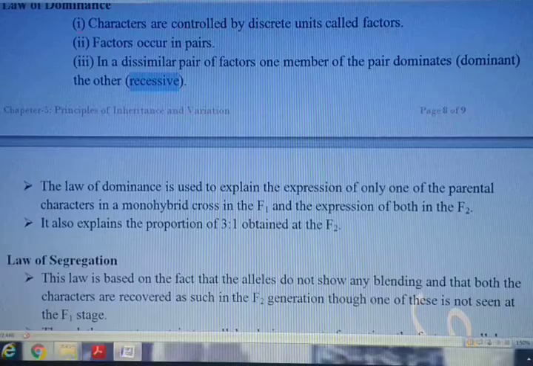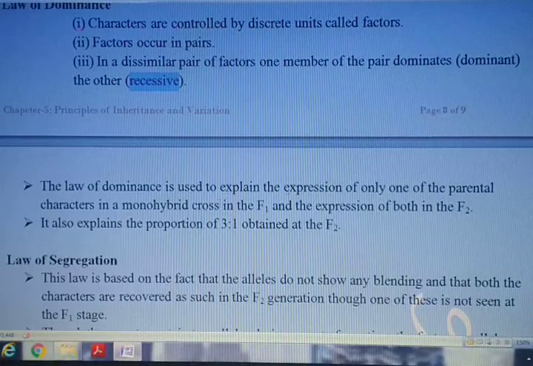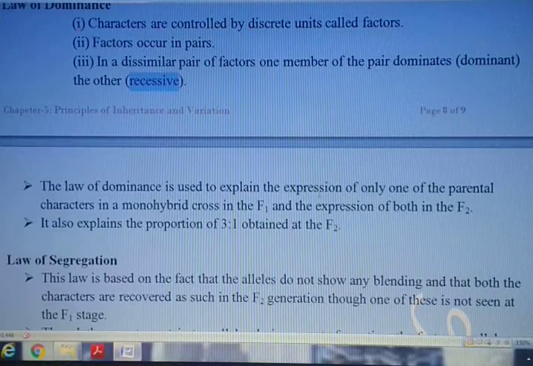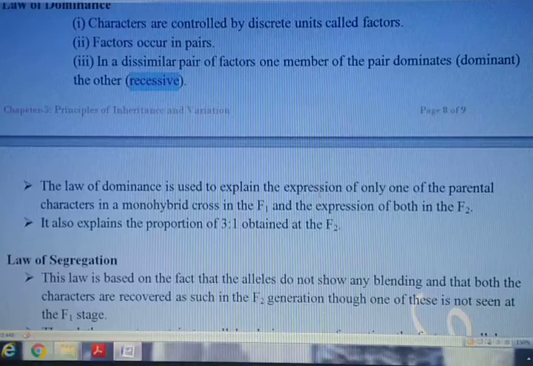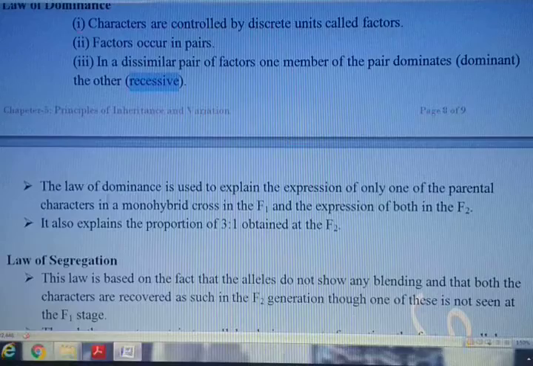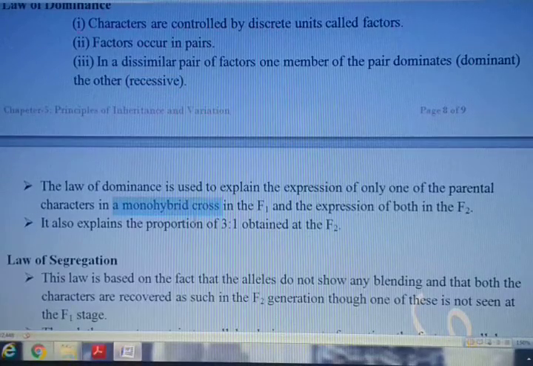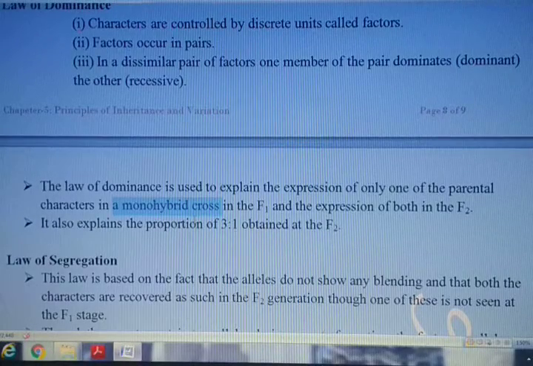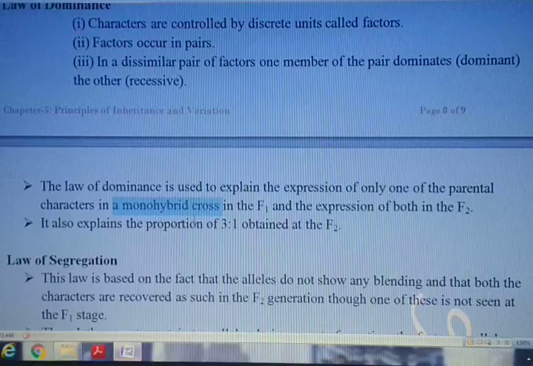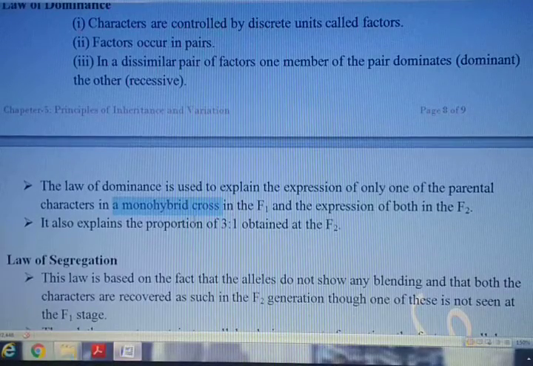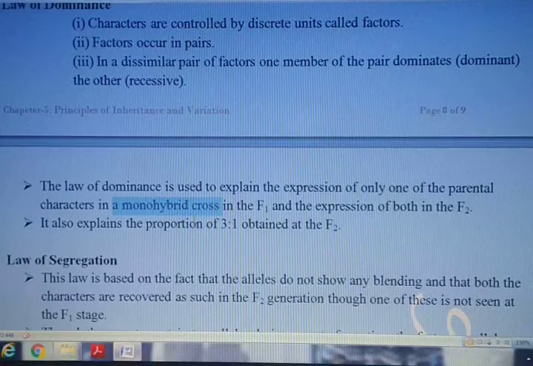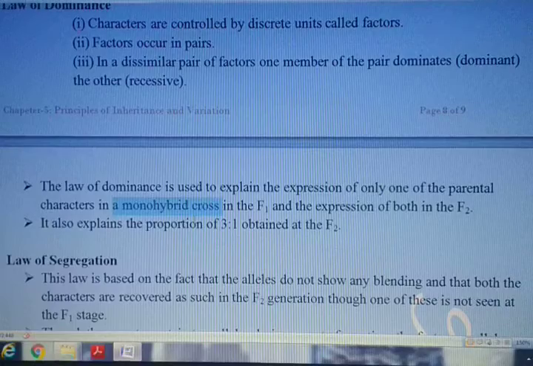Then the law of dominance is used to explain the expression of only one parental character. Means what? Over here we are talking about the law of dominance, that this is used to explain the expression of one of the parental characters in case of a monohybrid cross, and that also in F1, and also the expression of both the characters in case of F2. I hope you understood here once again. In case of the monohybrid cross that we have discussed, in F1 all the plants are found to be tall.